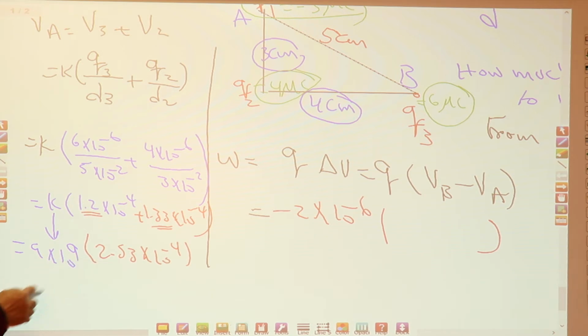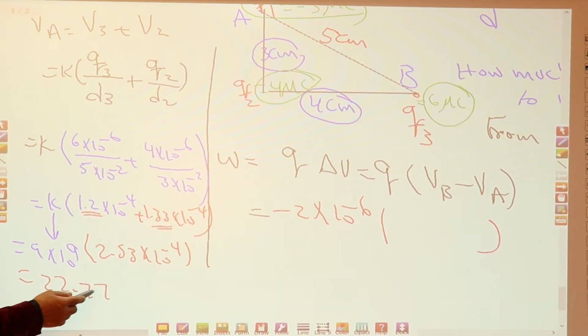If you multiply 9 times 2.53, that is 22.77.